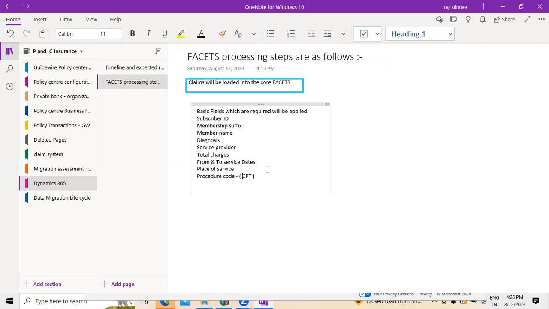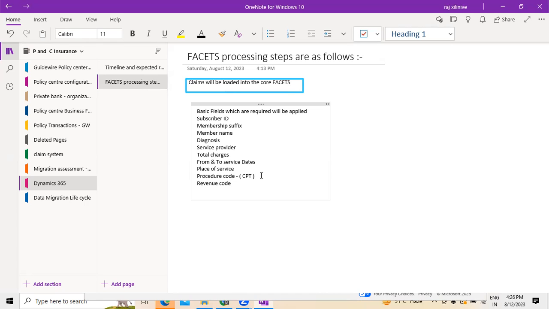Once the procedure code is mentioned, we also have to give the revenue code. The revenue code will also be mentioned, because on what basis revenue related code numbers are used is like the procedure and diagnosis.